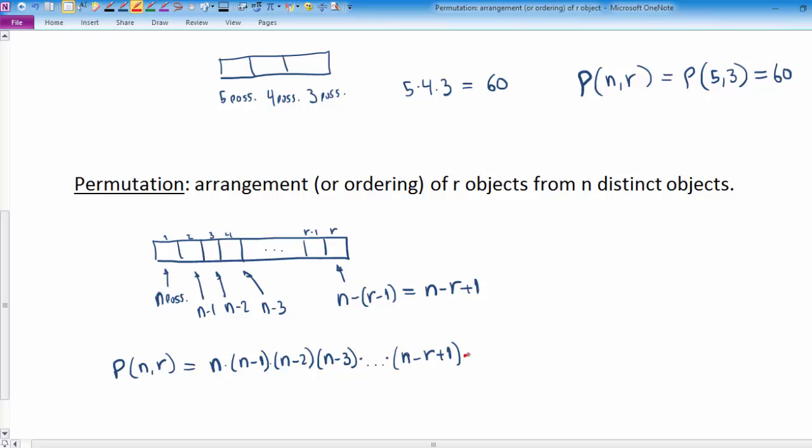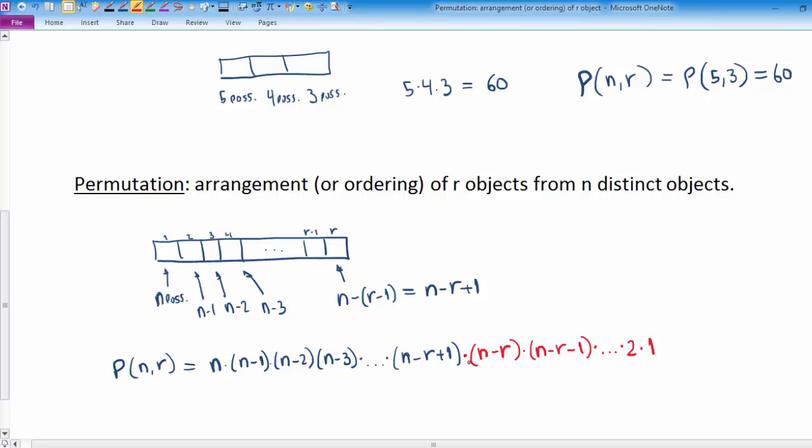So for example, here the very next factor would be N minus R, because it's 1 less than the previous one. The next one would be N minus R minus 1. And we keep doing that. Eventually, this will go down to times 2 times 1.